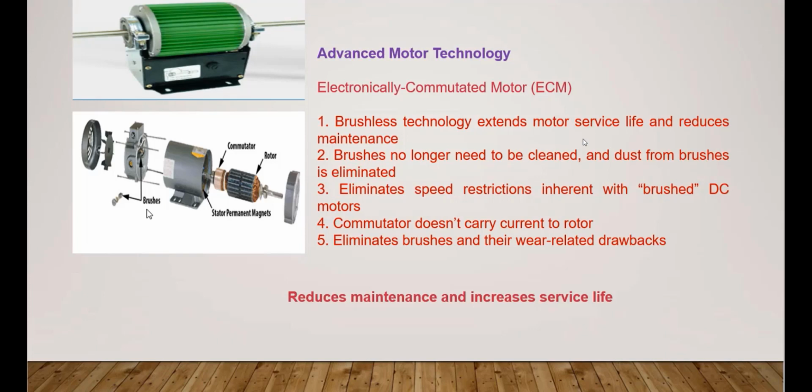Brushes technology extends motor service life and reduces maintenance. Brushes no longer need to be cleaned, and dust from brushes is eliminated, which eliminates speed restrictions inherent with brushed DC motors. Commutator doesn't carry current to the motor, eliminating brushes and their related drawbacks.